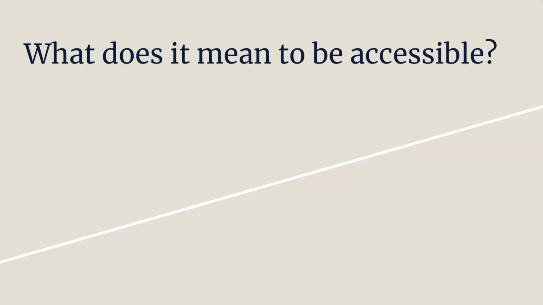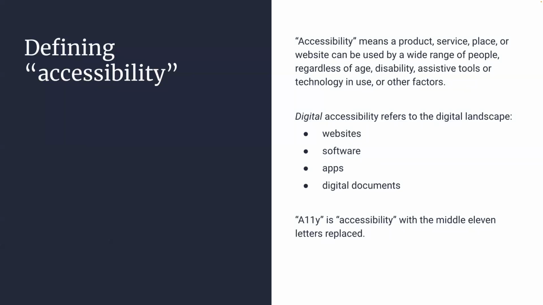So now we know why it matters and we want to be accessible, but what does that actually mean in practice? First, let's start by defining accessibility. Accessibility means a product, service, place, or website can be used by a wide range of people, regardless of age, disability, assistive tools or technology in use, or other factors.